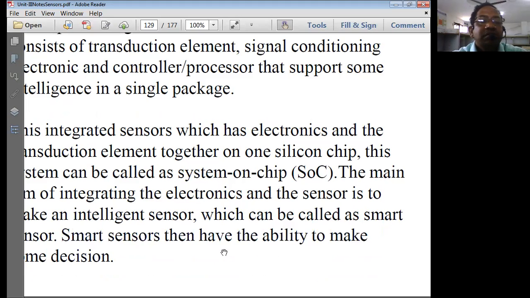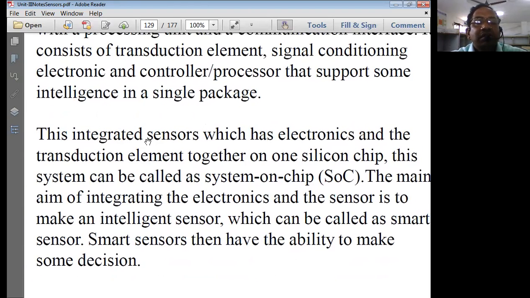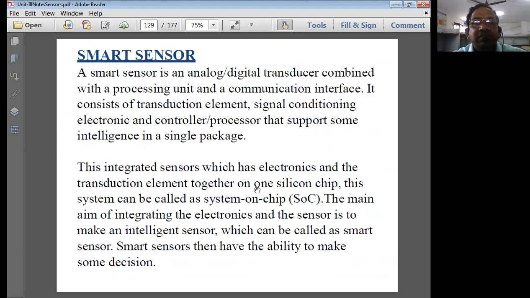So we discussed something like a smart sensor. A smart sensor is normally an integrated sensor which has electronics and transducer elements together on a single silicon chip. It can be called a system on chip.